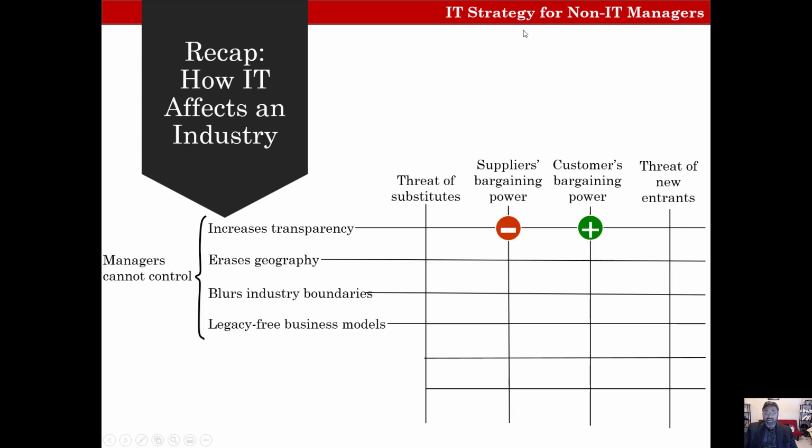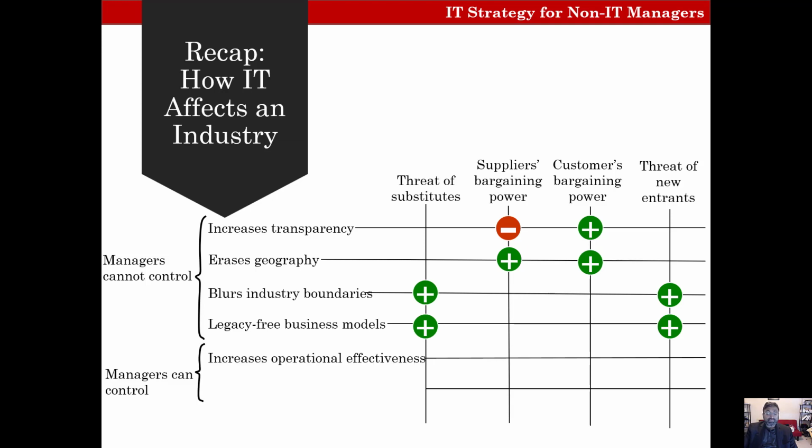Increased transparency reduces suppliers' bargaining power, but increases customers' bargaining power. Not having geographic boundaries increases the suppliers' and customers' bargaining power. Blurring industry boundaries increases the threat of substitutes and new entrants, and having legacy-free business models increases the threat of substitutes and new entrants.